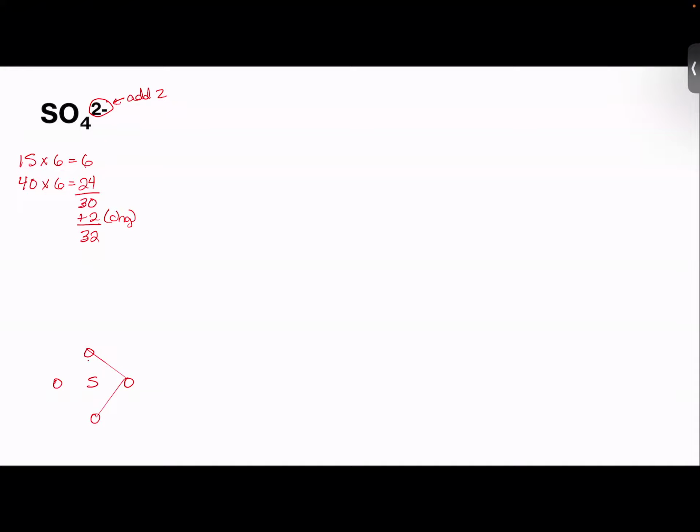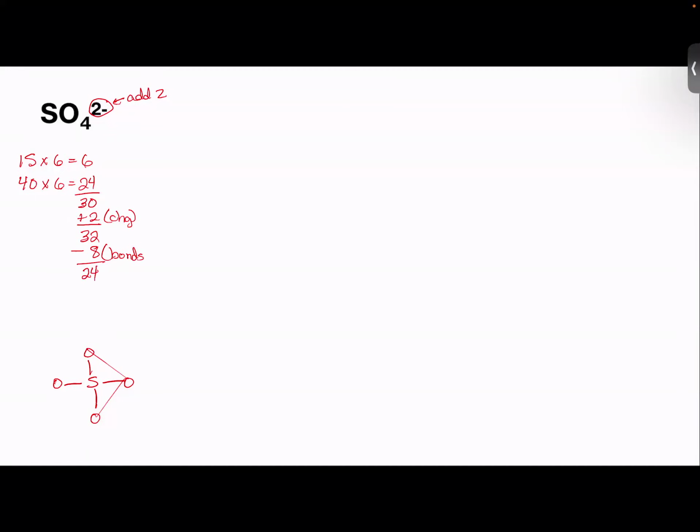We're going to draw a single bond between the sulfur and each of the oxygens, and we'll subtract out 2 for each bond we drew. We drew 4 bonds. 4 times 2 is 8, so we'll subtract out 8 due to bonds, leaving us 24 still to distribute.